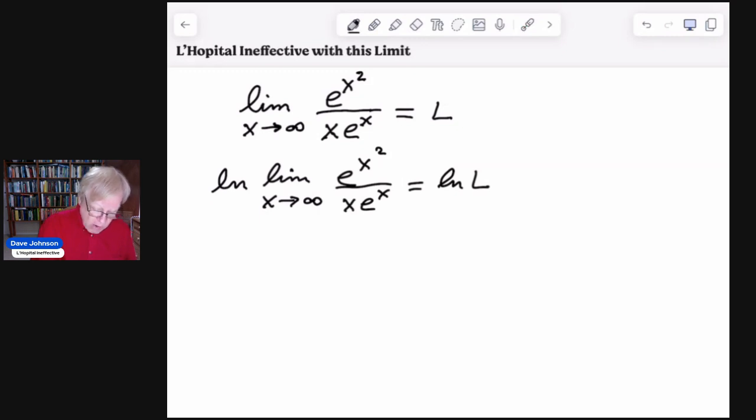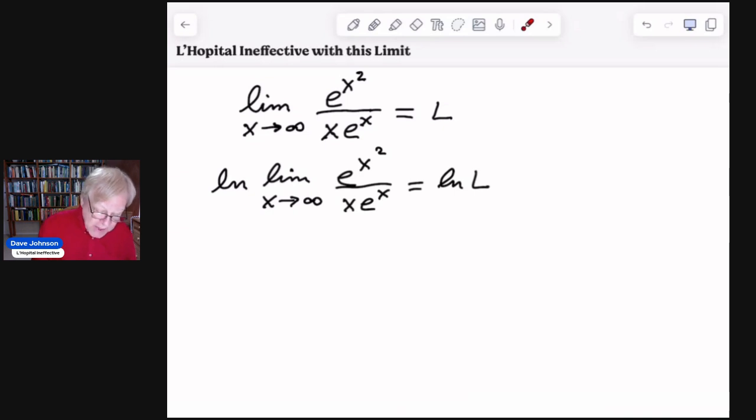Now, one thing that's a little subtle about limit theorems in general is that you can move this ln inside the limit, as long as the function, in this case ln of this, is continuous as x goes to infinity. And that is the case. It might be different if x were going to 0 or some other value, or if the expression were different.